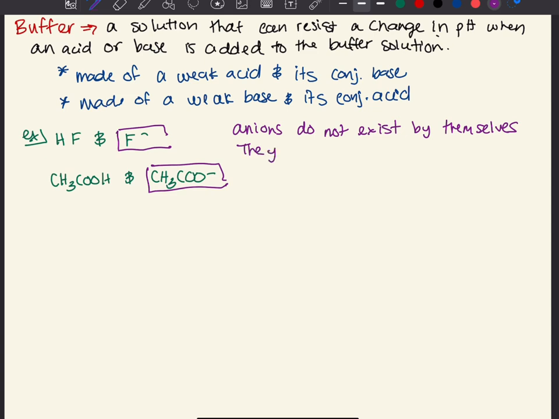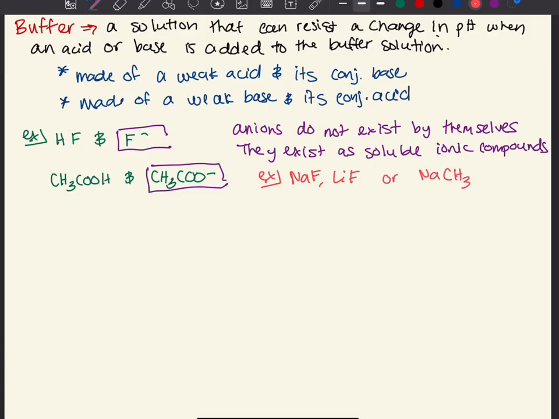They exist as soluble ionic compounds. So if I were to go into the stockroom, I would have to find something like sodium fluoride or lithium fluoride or sodium acetate. You could do lithium acetate, you could do potassium acetate. And these are all examples of soluble solids at room temperature.